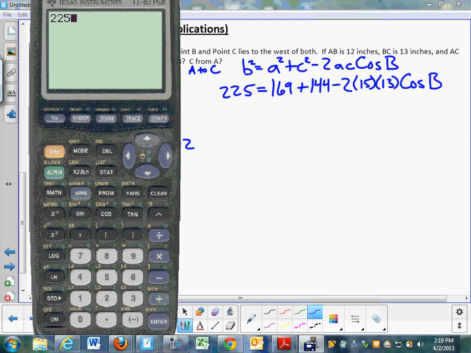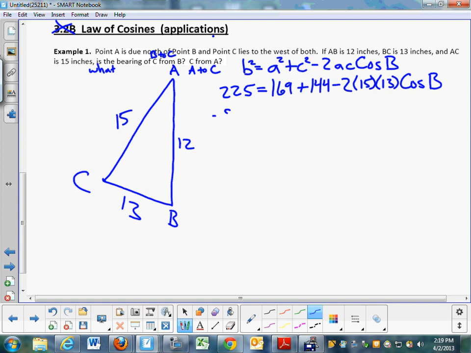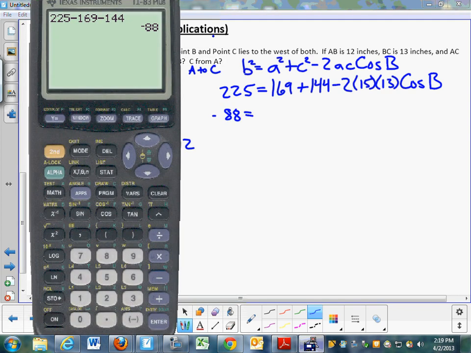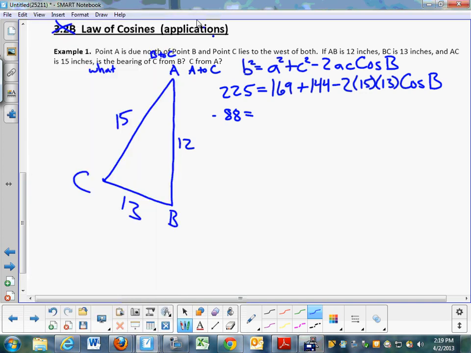So 225 minus 169 minus 144. And I get negative 88 equals 2 times 15 times 13, which is 390, negative 390. Everybody got that? So if I divide by negative 390, is cosine positive or negative?